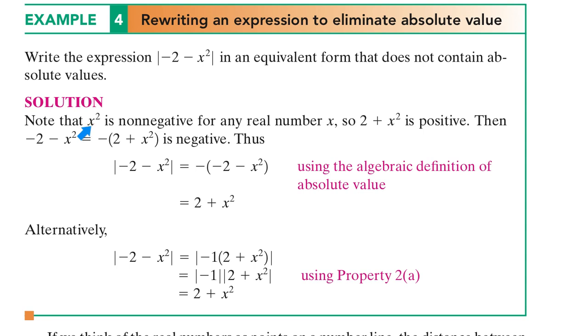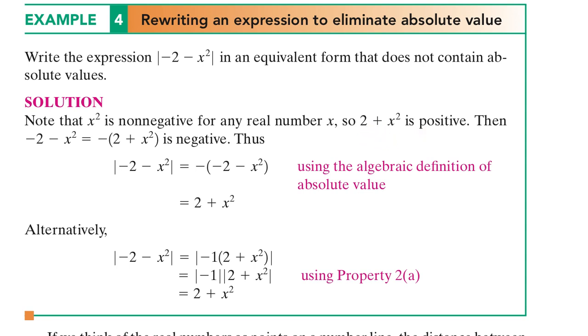So you can put a number here. It doesn't matter if it's positive or negative. When you square it, because a negative times a negative is a positive, and a positive times a positive is a positive, this is always going to be non-negative. And if you have 2 plus that non-negative number, that's also going to be positive.